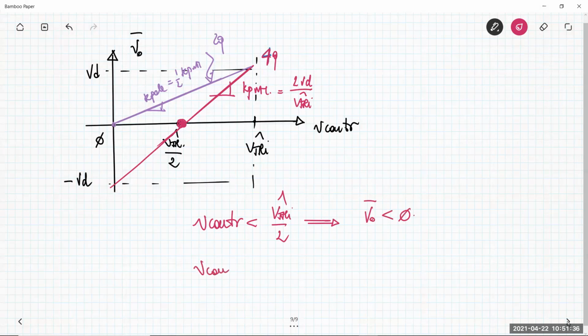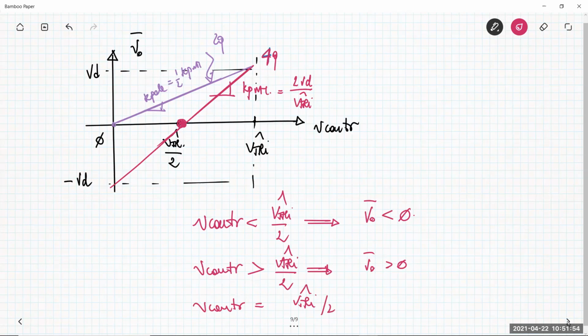When the control voltage is larger than half the value of the peak, then you have positive. And when the control voltage is exactly half the peak value, you get 0. Okay?